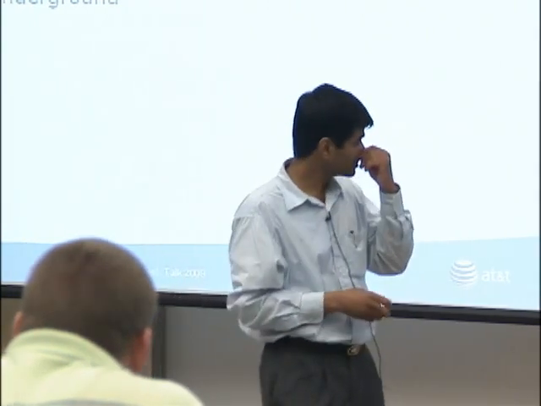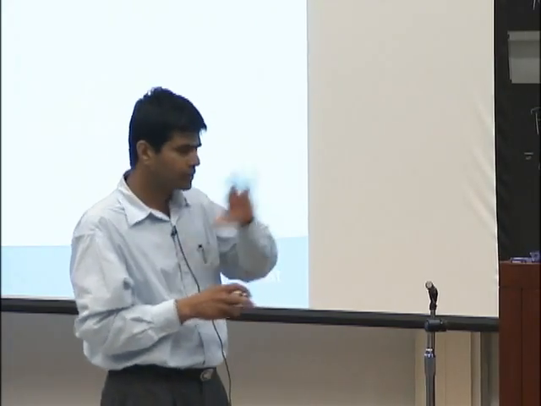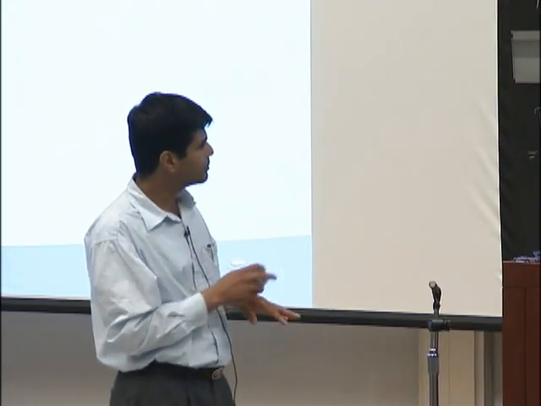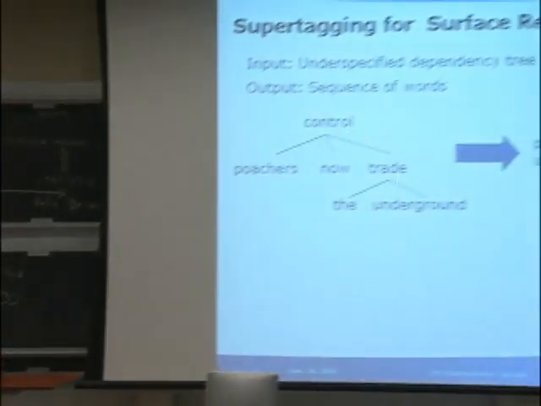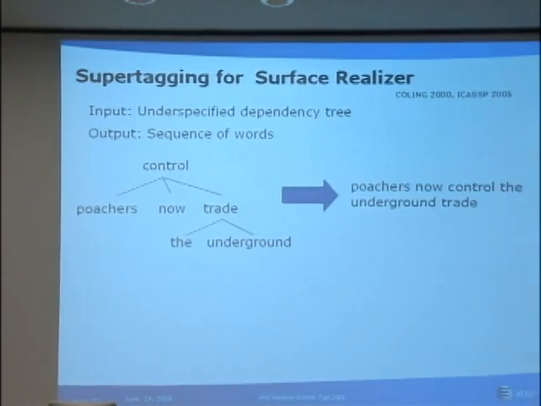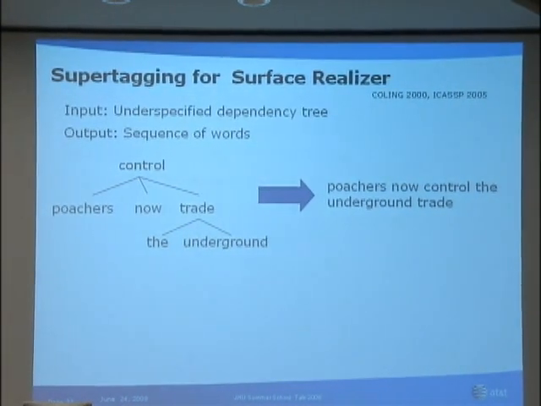Imagine, and I'm not showing you the full sequence here, there is some background planner which has produced this kind of structure. It needs to communicate this in the right order. That's what it's going to surface-realize. It's going to put this dependency structure into a string sequence like that.